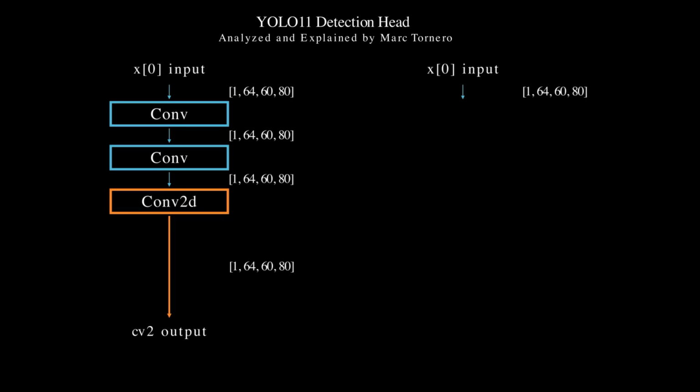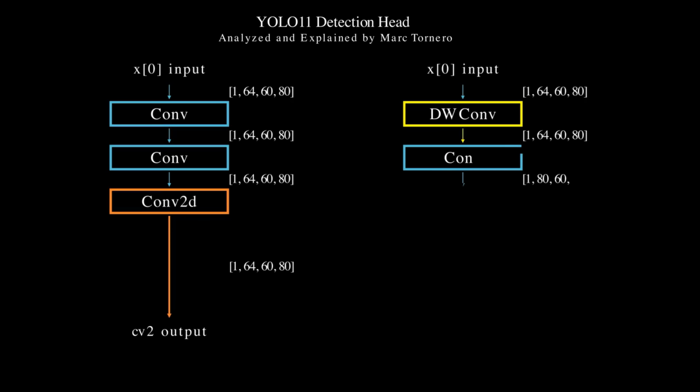The input is the same tensor from stage 16, but unlike CV2, this branch is designed to enhance class confidence estimation. Instead of standard convolutions, it starts with a depthwise separable convolution. This means each channel is convolved independently using a 3x3 kernel before applying a pointwise 1x1 convolution to mix channel information.